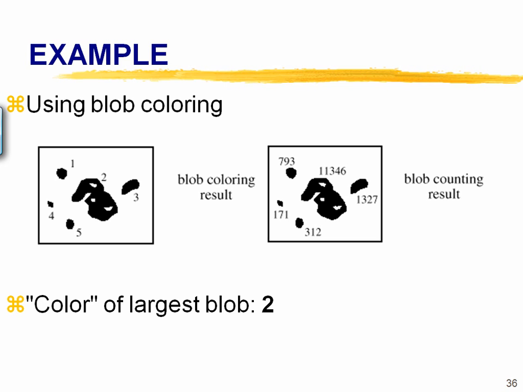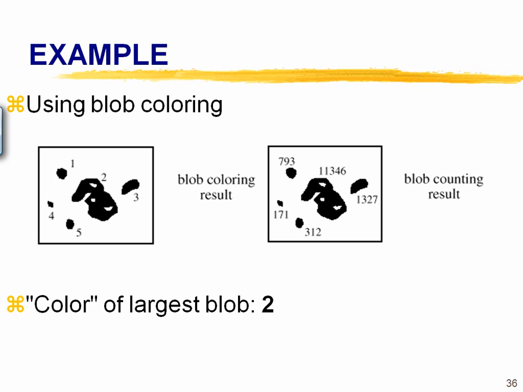Now, what would be the use of doing blob coloring? What do we do with this? Counting objects, right? The other thing is filtering, getting rid of small objects. For example, if all I'm interested in is the largest object, because given your application, you may know a priori that you only have one object in an image, but because of your thresholding, you may get erroneous objects that you want to get rid of.